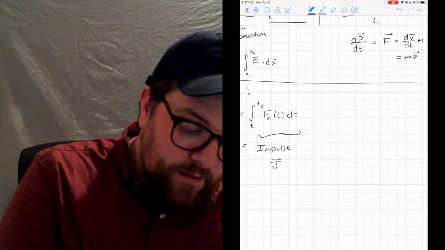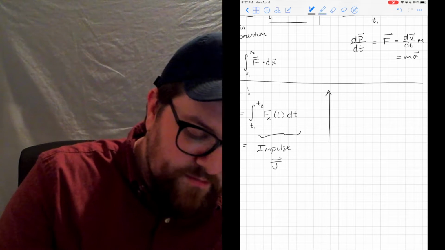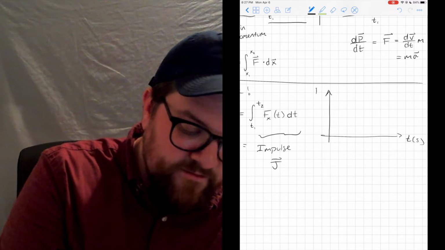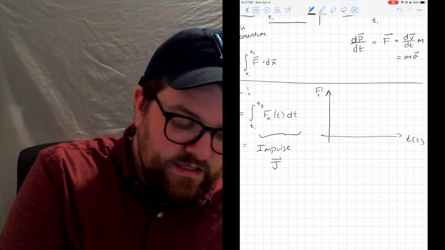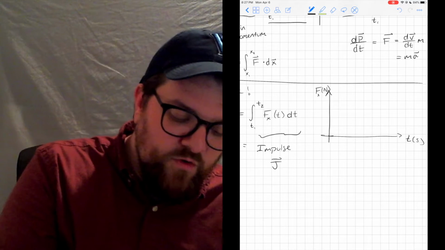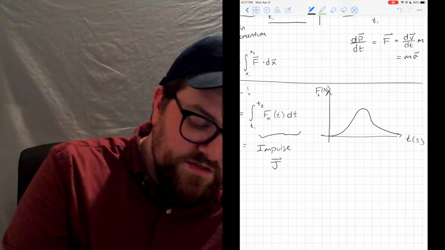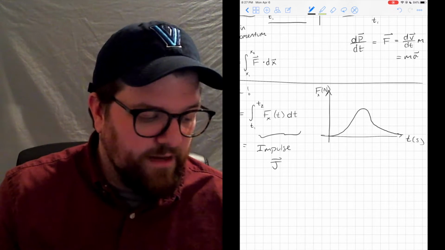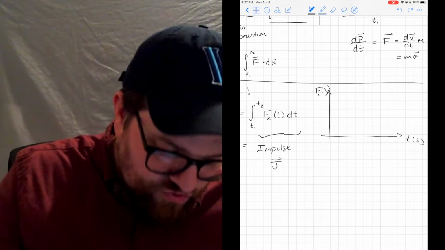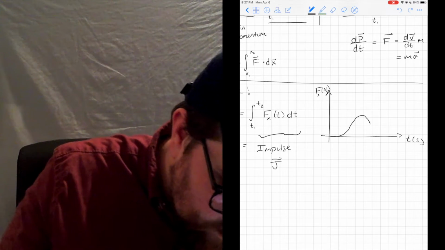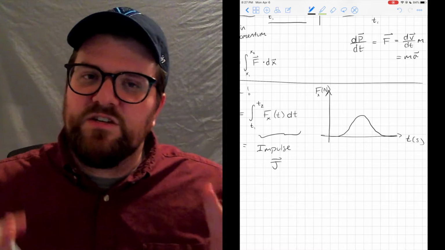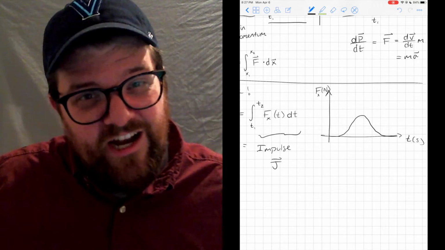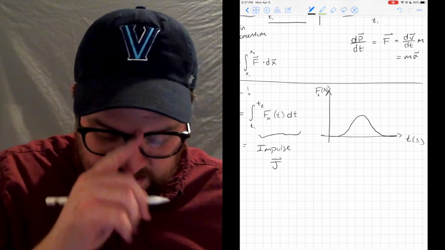Let's just draw a really rudimentary plot here: some time, and then some force in the x direction. Let's give it newtons here. I'm going to have some impulse, right? Some amount of force over a given amount of time. Actually, let me just draw this a little bit better here. That's a little bit nicer. I want to make sure that it's 0 before we start, and after we end, just to prove a point.